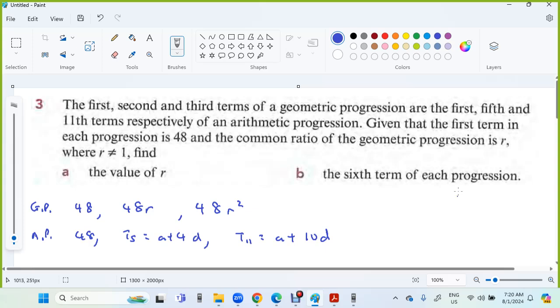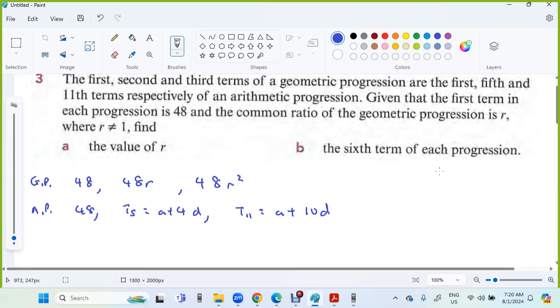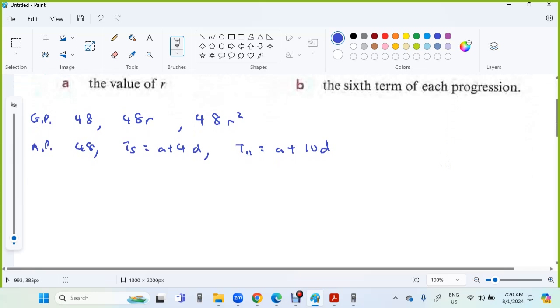So we want to find the value of R. So A is 48. So we have 48 plus 4D equal to 48R, all divided by 4.